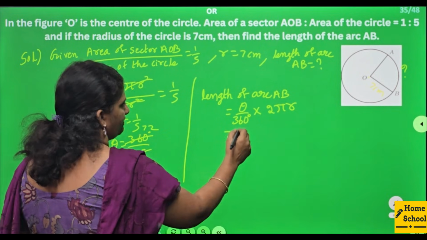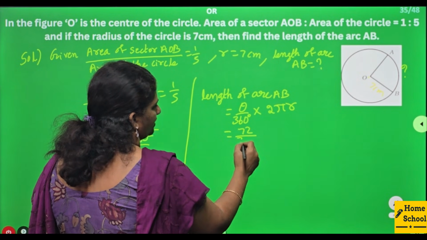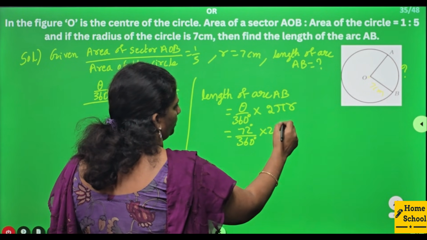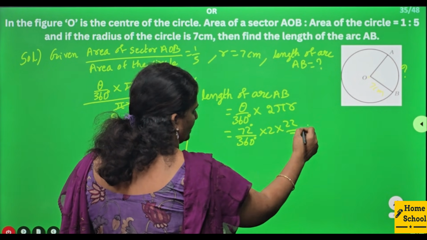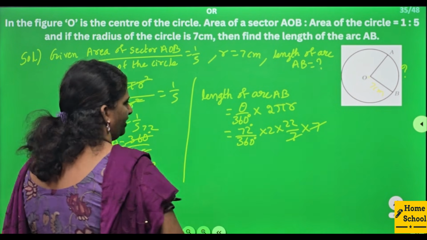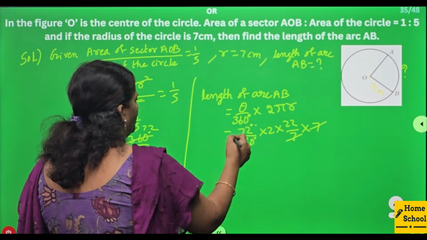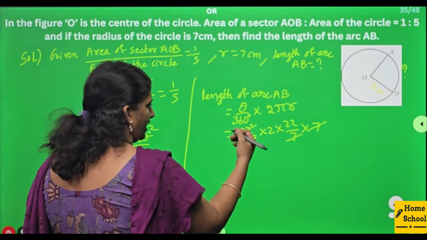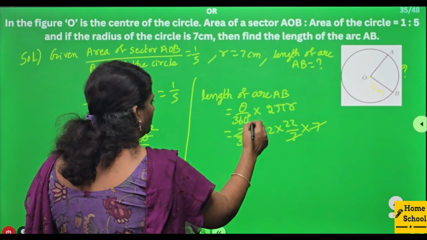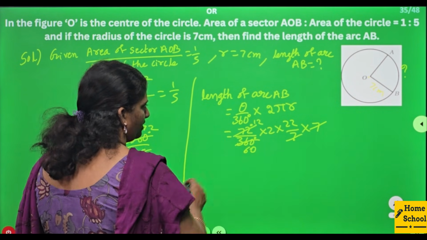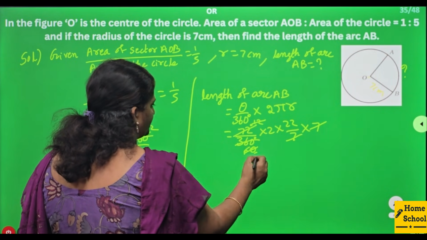Theta value is 72 by 360 degrees into 2 into pi value, which is 22 by 7, and radius is 7. 7 cancel. Then here 72 you can cancel with a 2 or 4, or directly you can go with 6 also. 6 12s are 72, 6 60s are 360, so 12 5s are 60.